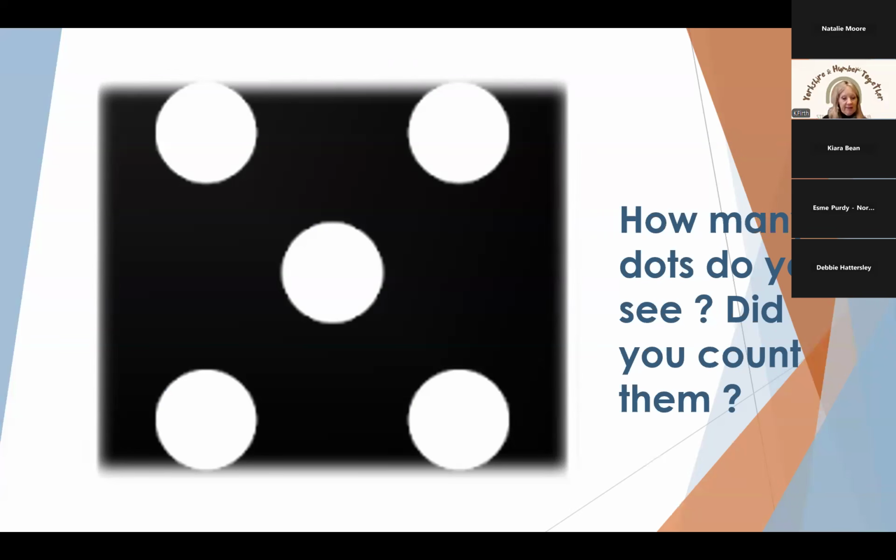Subitising is really looking at a pattern and instantly having that number in your head straight away, without having to touch count by touching 1, 2, 3, 4. I can see that's 5. We've learnt that over the years from dice patterns, from playing, from numbers, from shape, from pattern, all over. That is what we're hoping our children are going to eventually be able to do.